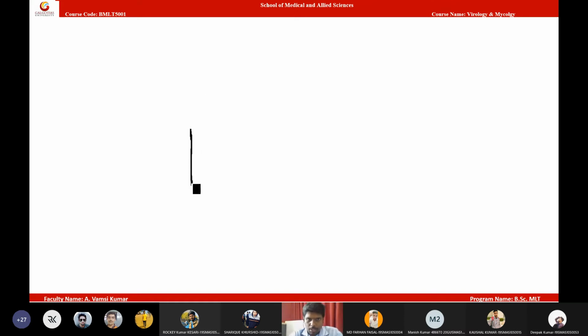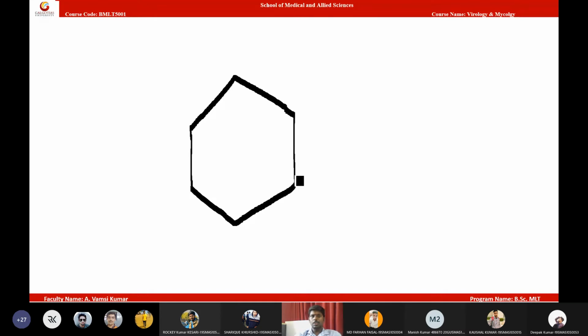First you need to draw a hexagon like this: 1, 2, 3, 4, 5, 6. After drawing a hexagon, from the top, draw a triangle to the bottom, here, to here, and to here.